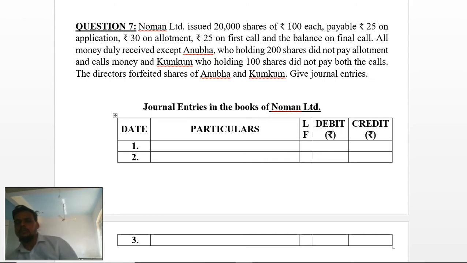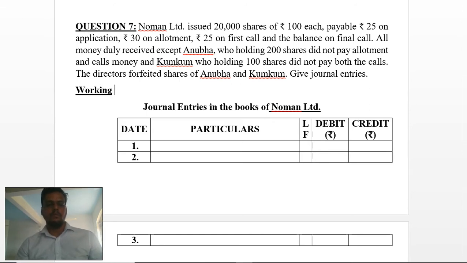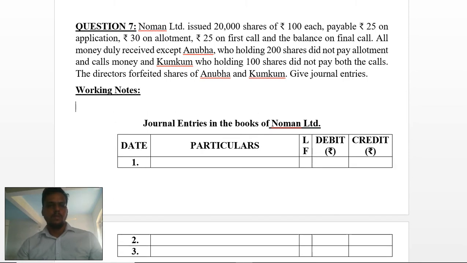Give the necessary journal entries. Now just be careful with this word. 20,000 shares into 100. Just calculate here as a working note. First, I will always do a working note to understand the concept. Working notes on application.